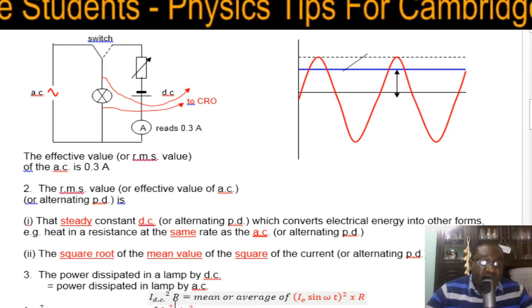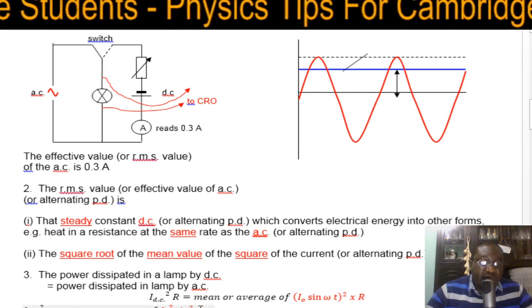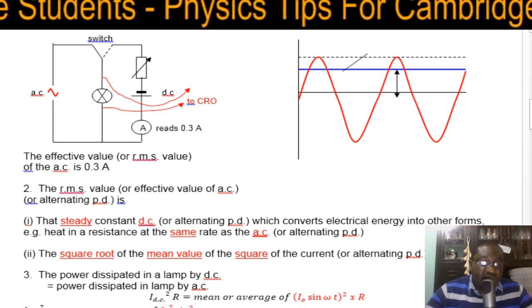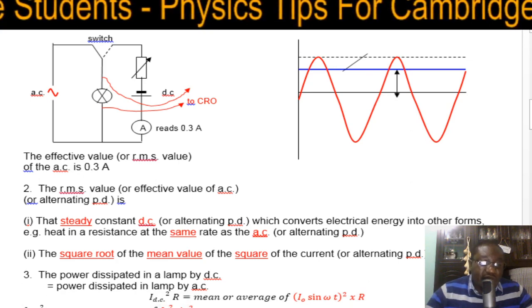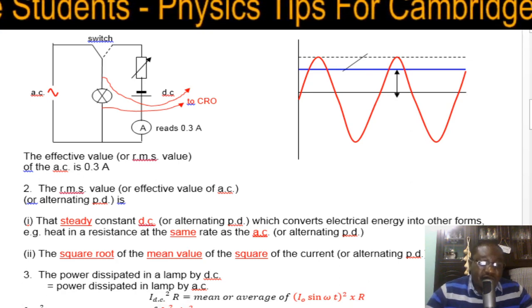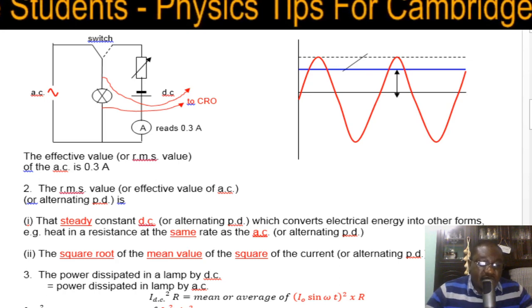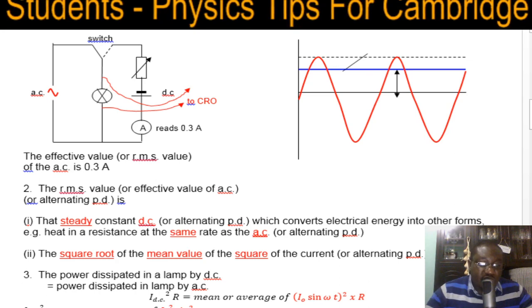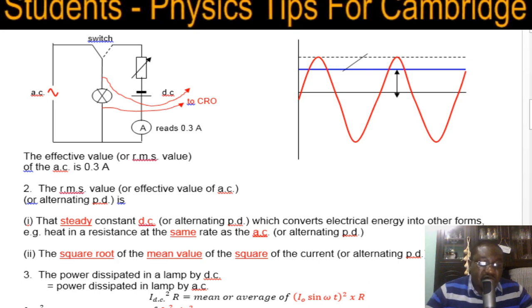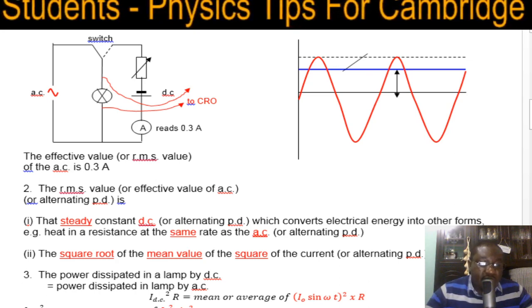Now the average of sine squared omega t is equal to half. So you can say I naught squared times half. That's the value you get when you find the mean of sine squared omega t.